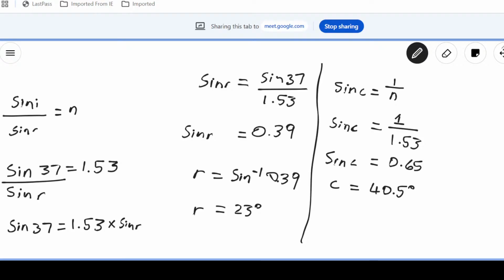Let me see, wave, optics, wave, okay. Let me just show you quickly.